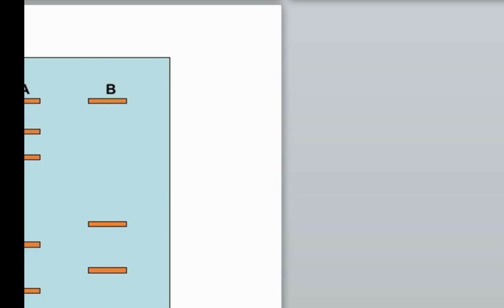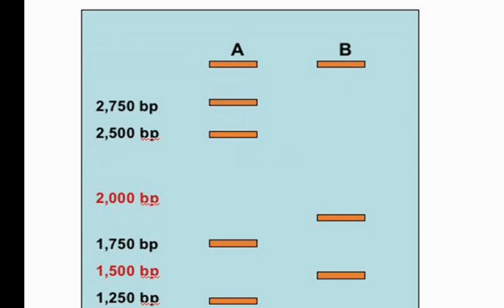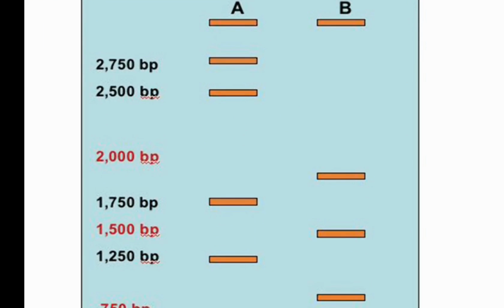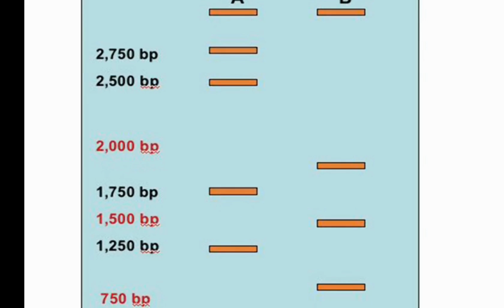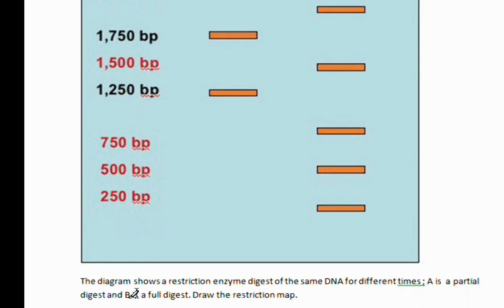Now, this is a restriction digest. So it's basically a partial digest in lane A and a full digest in lane B. And the question says, the diagram shows a restriction enzyme digest of the same DNA for different times.